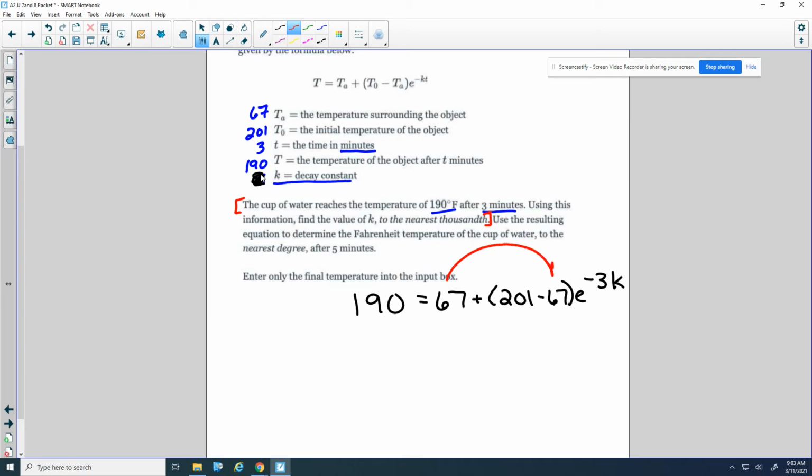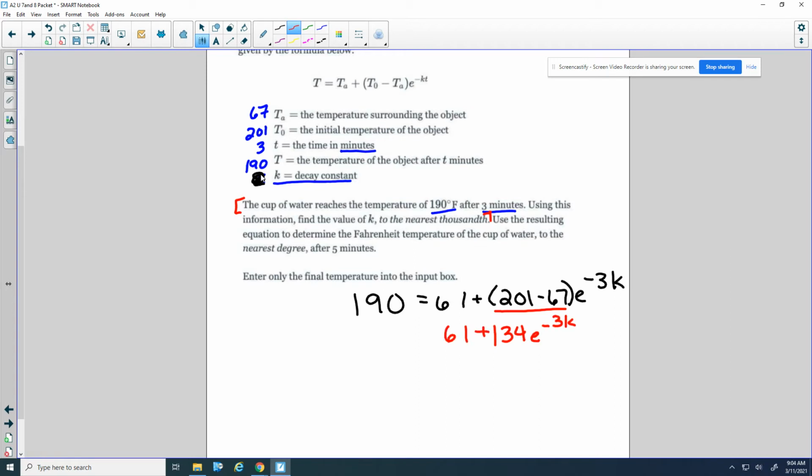Can't they just cancel? The issue is that this parentheses is connected to the e, so we have to take things away piece by piece. One thing we can do to make this simpler is simplify this, because that's in parentheses. That's 134 e to the -3k.